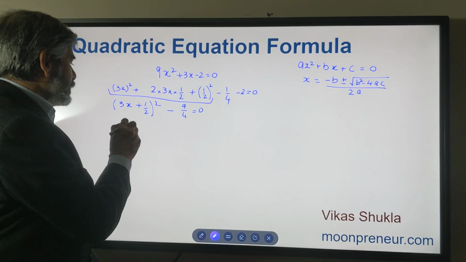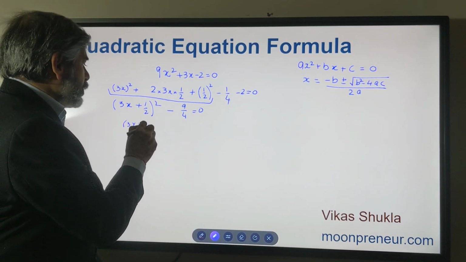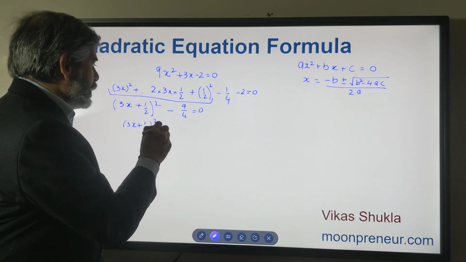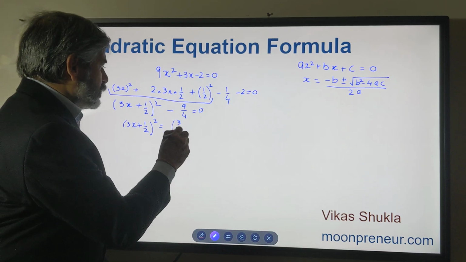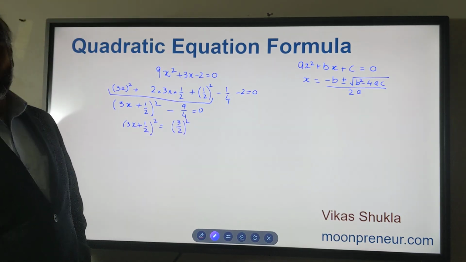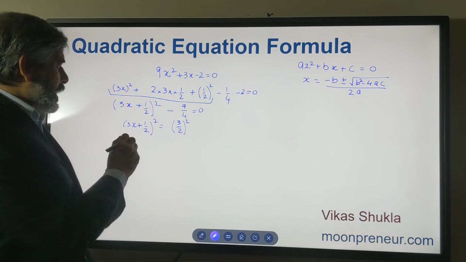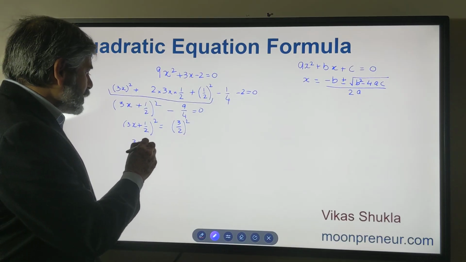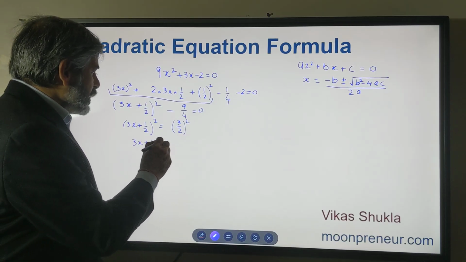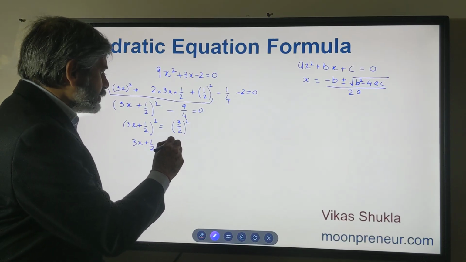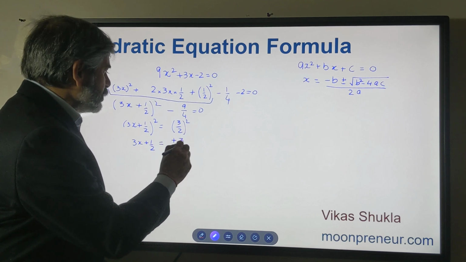I can write it as 3x plus 1 by 2 whole square is equal to 3 by 2 whole square. If I take the square root of this, I can write 3x plus 1 by 2 is equal to plus minus 3 by 2.